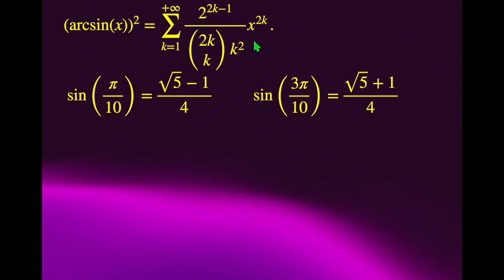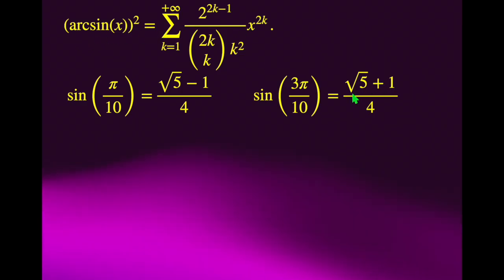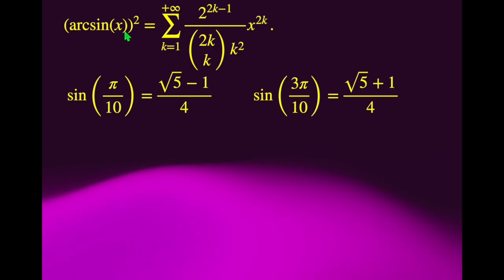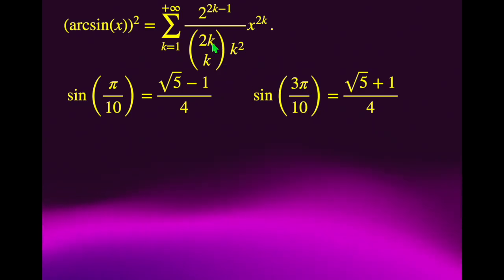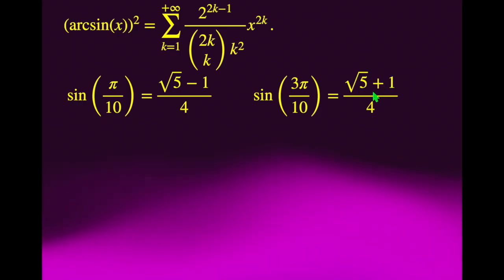So if we replace x in this formula by (square root of 5 plus 1) over 4, we get arcsin of x equal to 3 pi over 10, so we get (3 pi over 10) squared equal to this formula with x equal to this quantity.